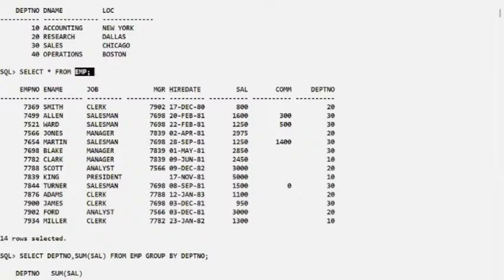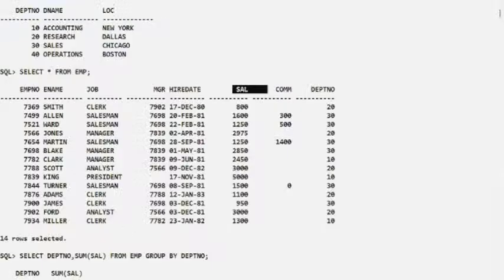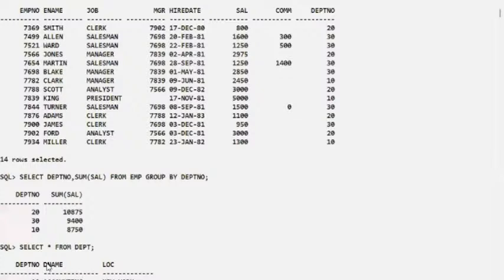But my requirement is what now? I don't want it department number wise. I want it department names wise. But can you see in my EMP table, you have a salary, but do you have any department names? No. So the department names are where now?